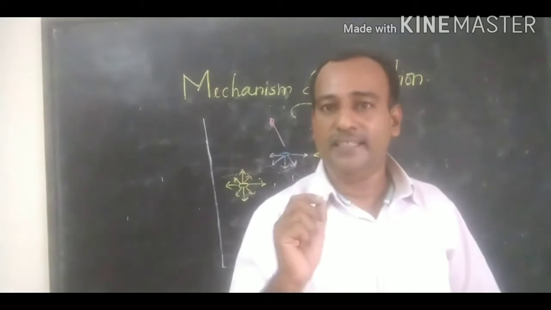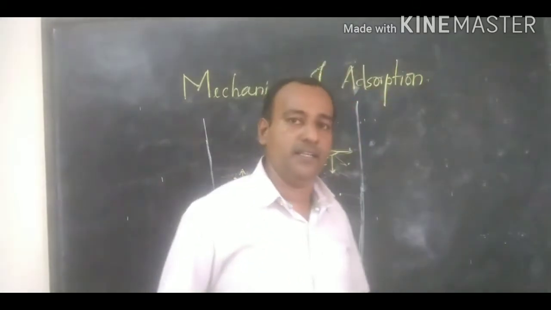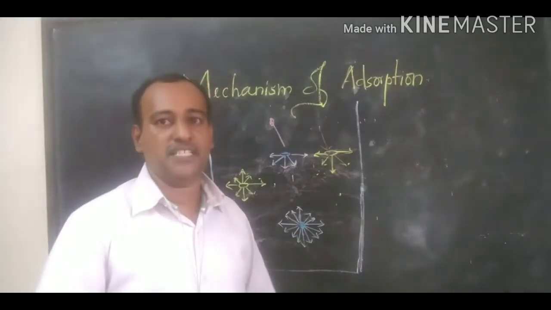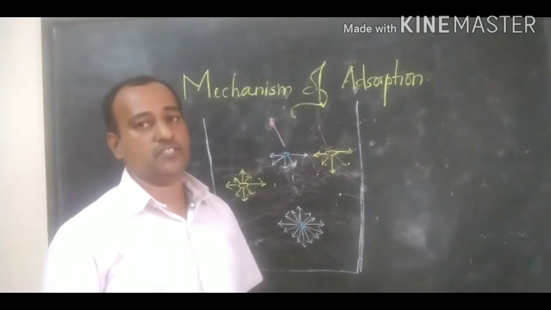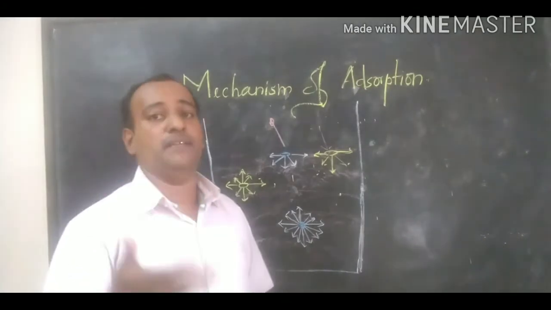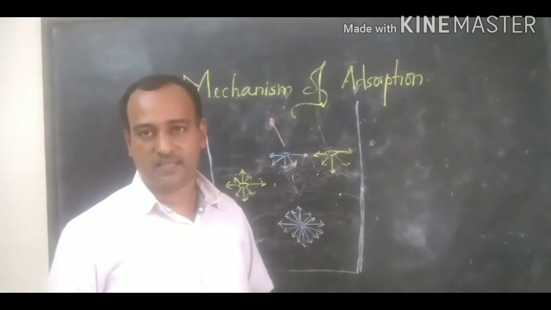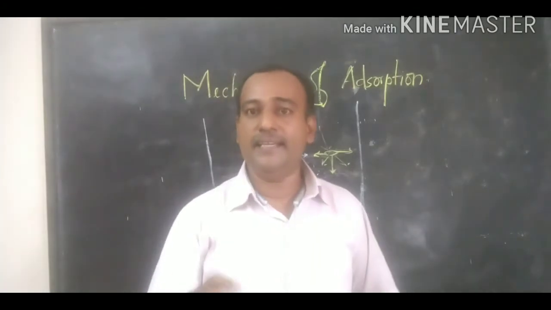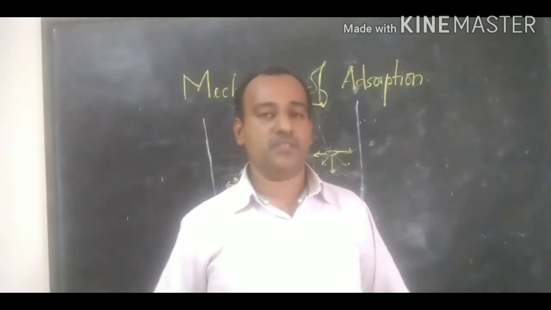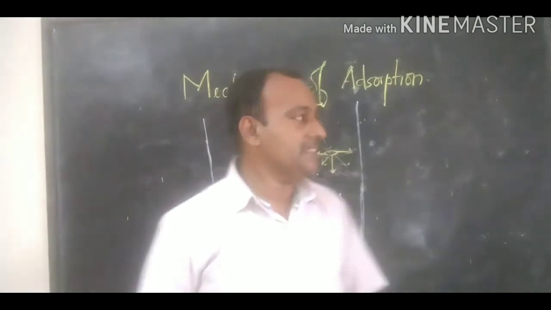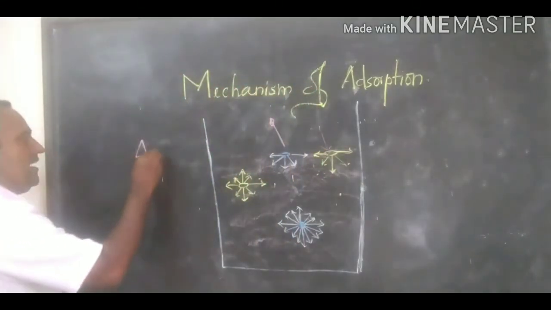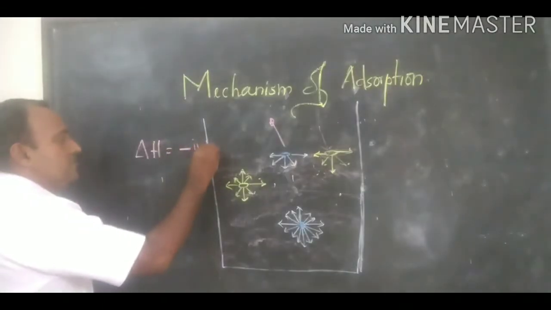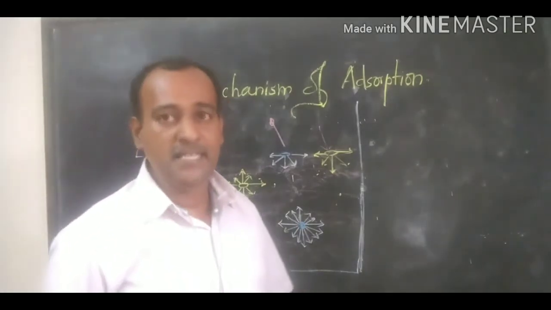In chemistry, an energy releasing process is called an exothermic process. That means adsorption is an exothermic process. Wherever adsorption takes place, it is an energy releasing process. That means the heat of adsorption, delta H, is always negative.